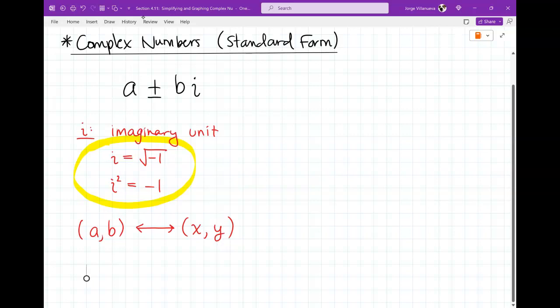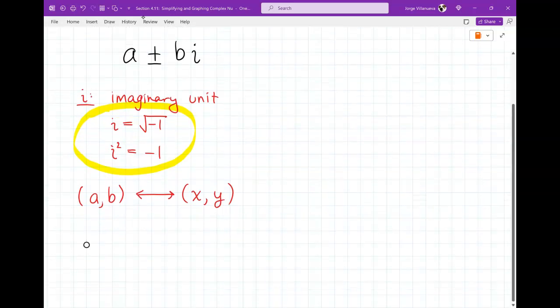I is your imaginary unit, okay? I is equal to the square root of -1. If you square I, you get -1. And don't forget that your A and your B terms, A and B can be positive or negative, but if you write them as a point, they translate to a point as XY, okay? So we'll get to that part later.